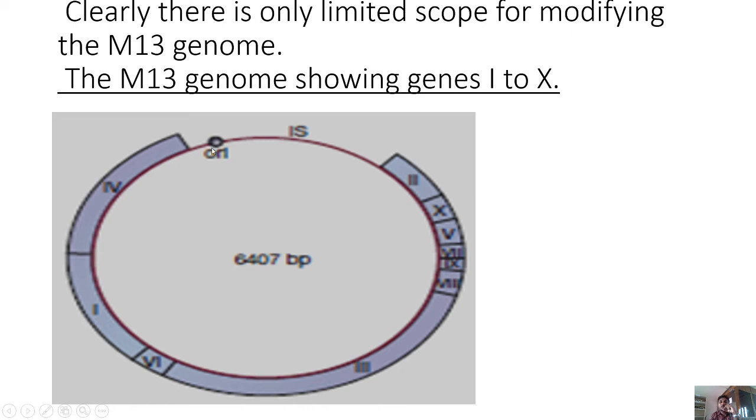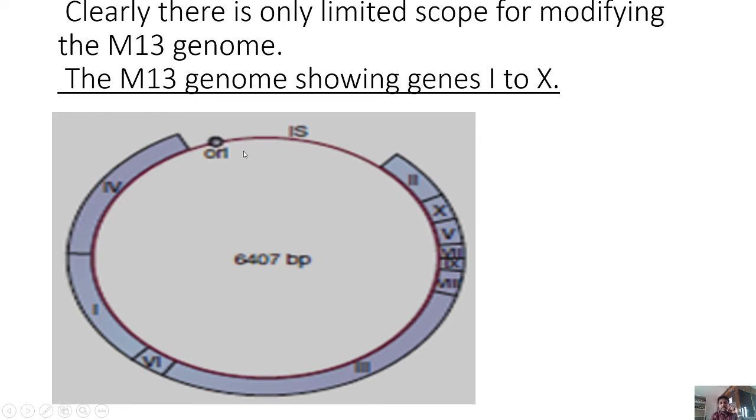If you alter these sequences, then definitely that impairs the replication of this vector. So that won't be a good protocol. That's why I'm telling you that if you want to modify this M13 genome, you have to modify this intergenic region, devoid of the origin of replication. So all these regions may be available for modification, except the origin of replication.